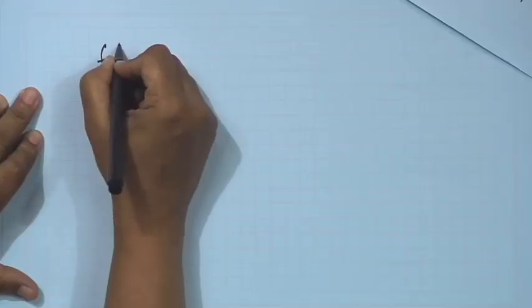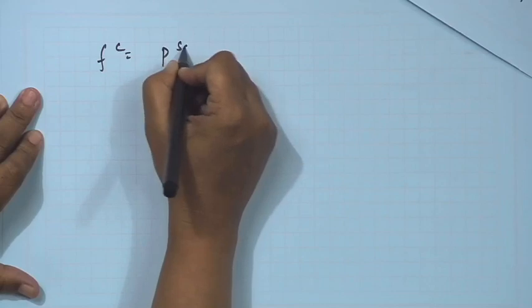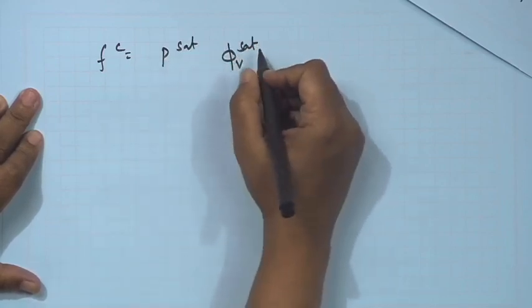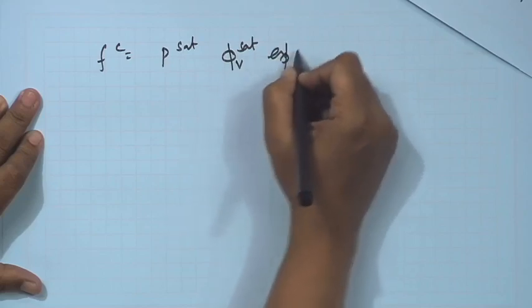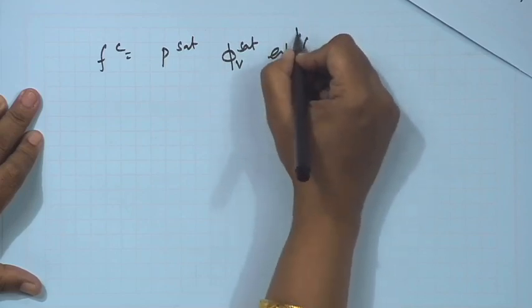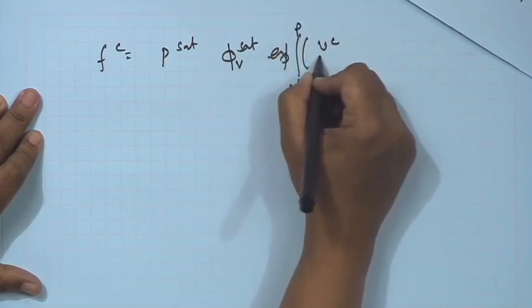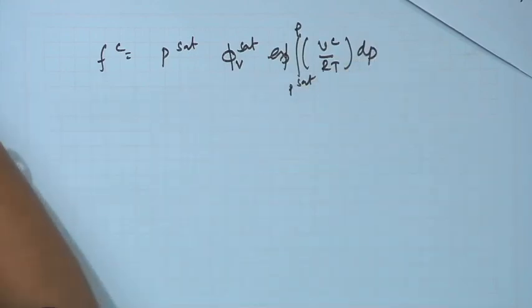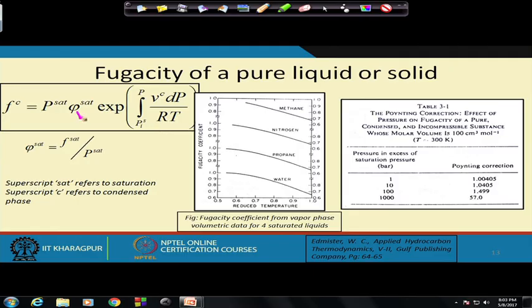Now, let me write it down in the next page and then it is going to be easier for me. fc equals P saturated phi V saturated exponential of the integral from P saturated to P of V condensed phase by RT dP. Here I would like to make a correction, this is phi V saturated, the vapor phase saturated.